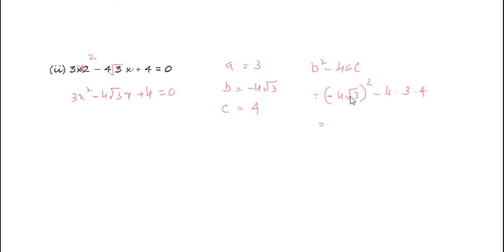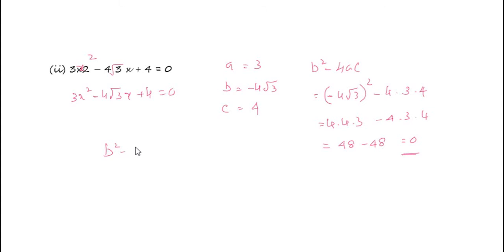So this is 4 into 4 into 3, minus 4 into 3 into 4. This is equal to 48 − 48 = 0.